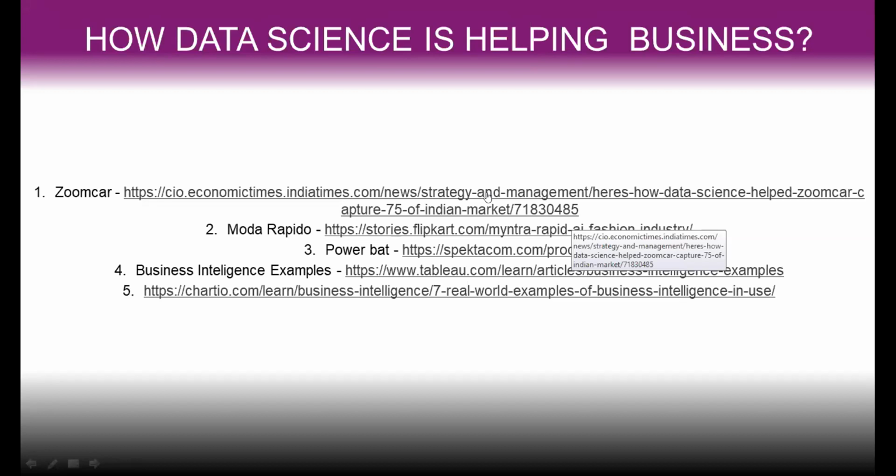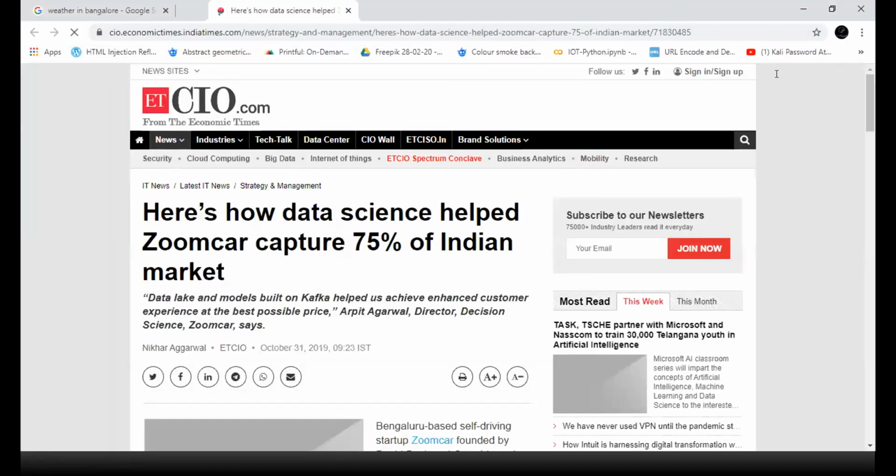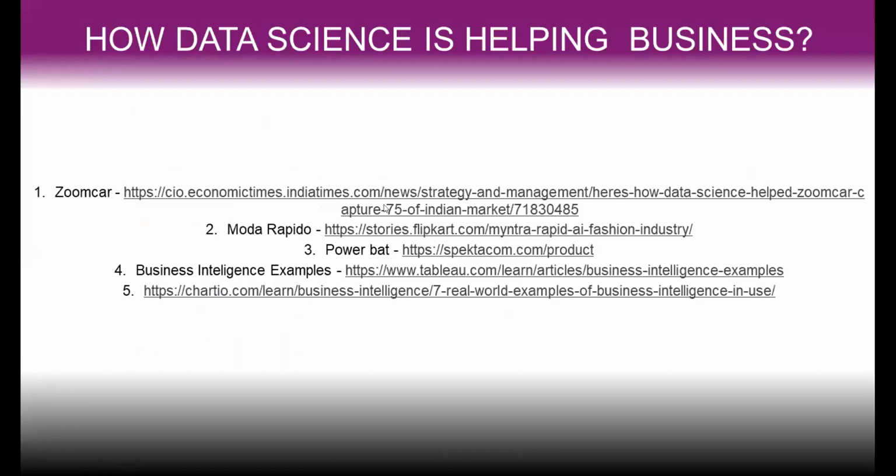All right, the first example which I want to show you is Zoom car. Okay, so one second. Zoom car is a rental service for self-driving cars, right? Wherein we can book a car and then drive it on our own, and use it to go from one place to another.